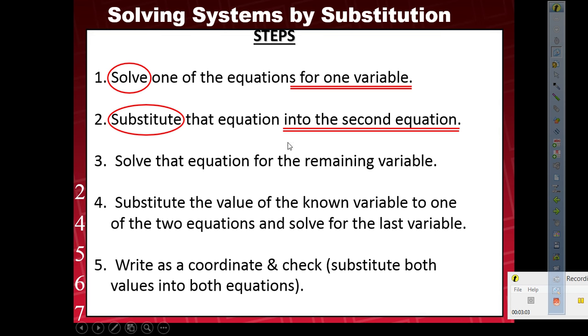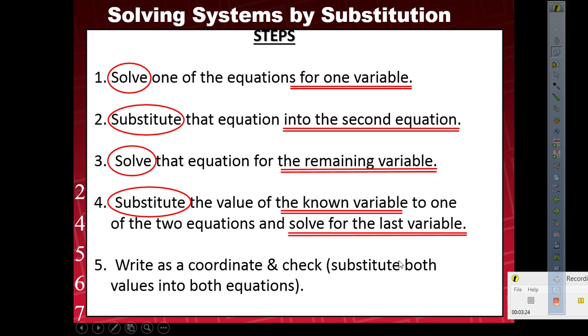Once we do that, you're going to solve for the remaining variable. You'll see that when we get there. You're going to see how there's a variable remaining, and you can solve for that. Once you have a value for that variable, you're going to substitute that value into one of the 2 equations that we started with and solve for the remaining variable.